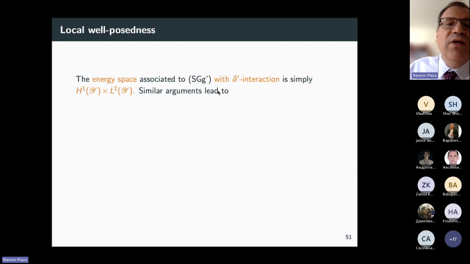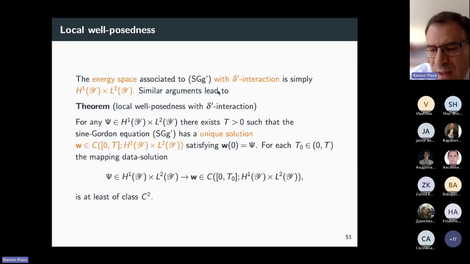But here the energy space with delta prime interaction is simply H1 times L2 on the graph. And you can apply similar arguments to prove the local well-posedness of the sine-Gordon equation on the Y-junction graph, but now with delta prime boundary conditions.